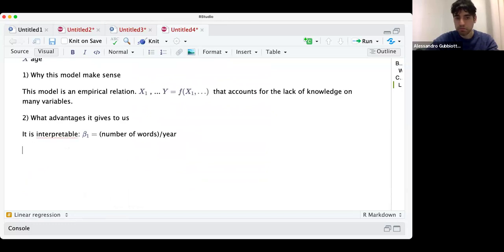Then we can infer from data beta 0 and beta 1.